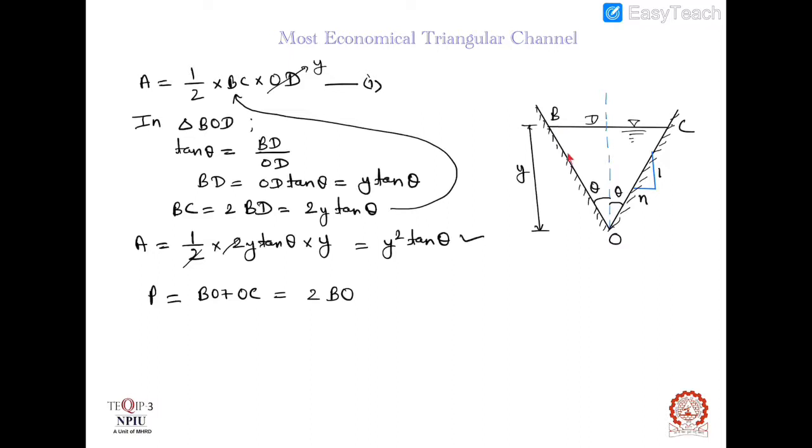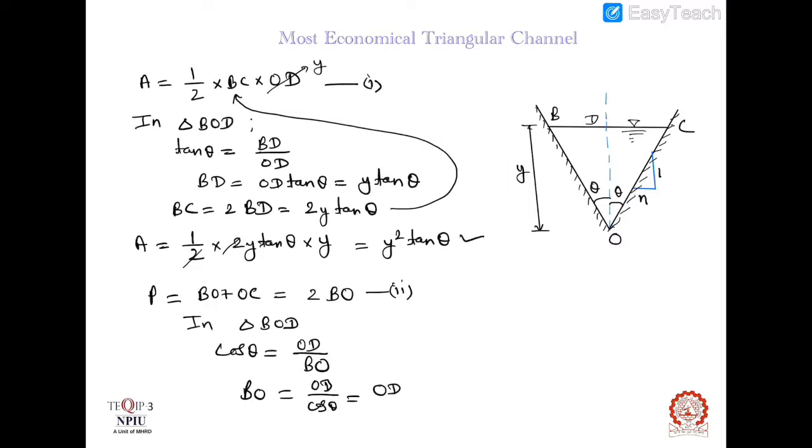Now what is BO? Again in this triangle BOD, cos theta is equal to OD divided by BO, or we can say BO is equal to OD divided by cos theta, and 1 by cos theta is sec theta.